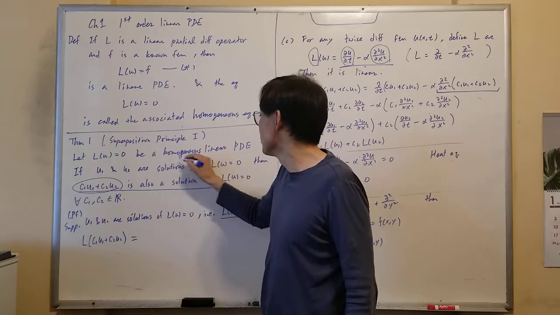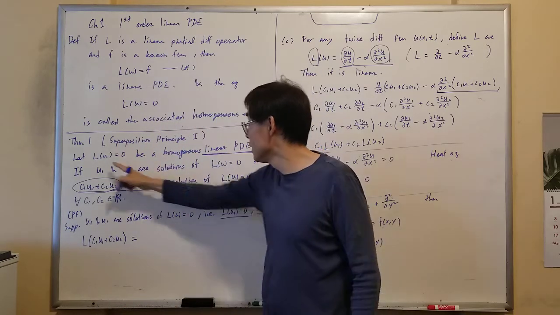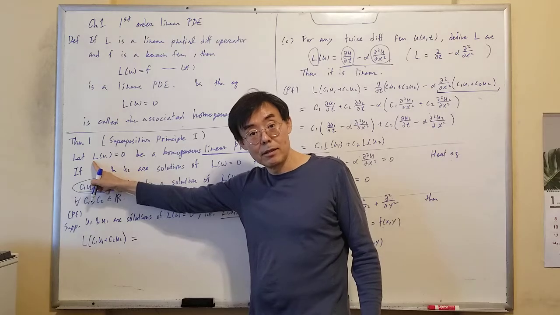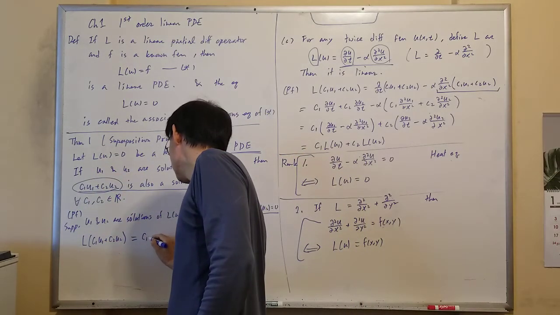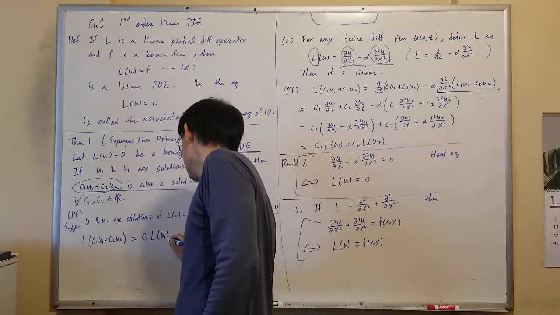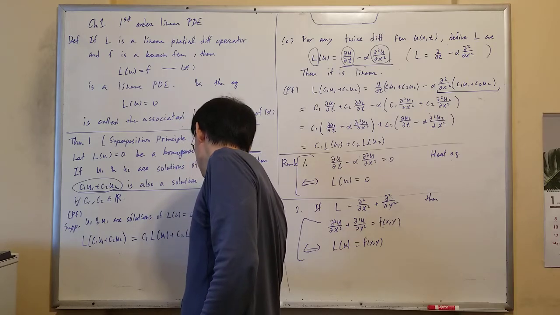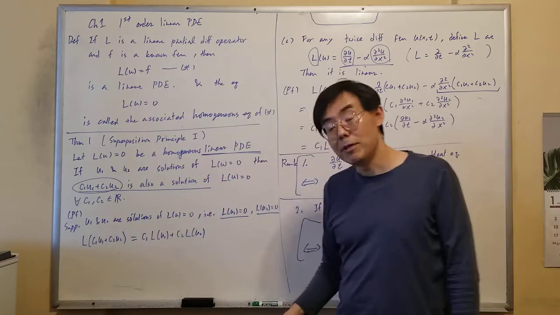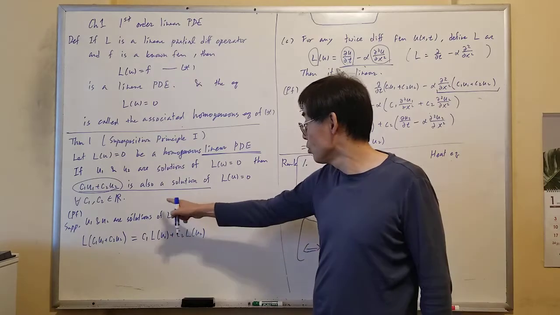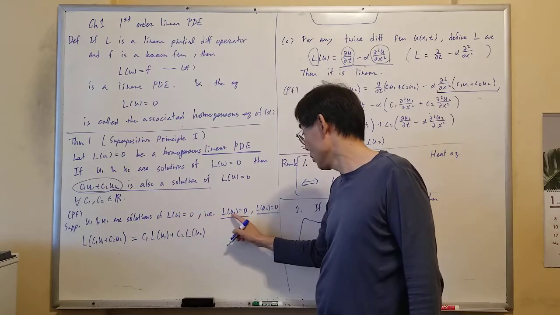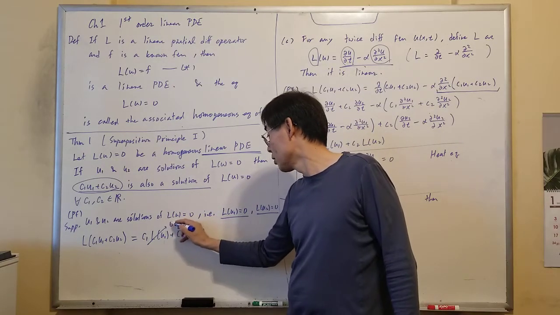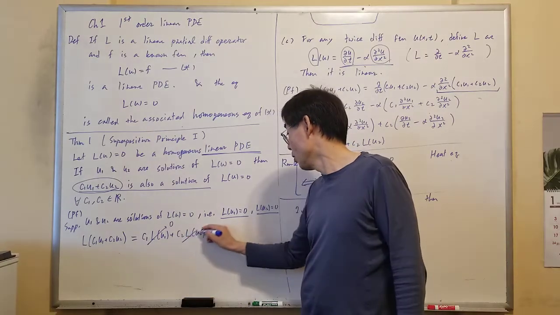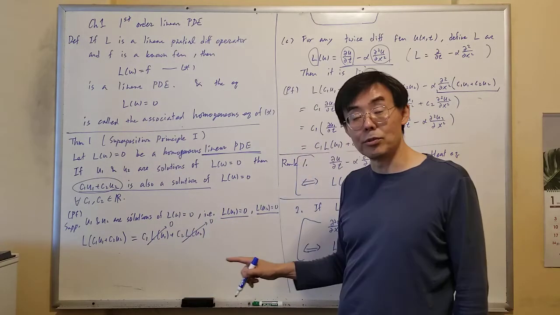Now, because it's a linear PDE, this is a linear operator. Because it is a linear operator, this is C1 L of U1 plus C2 L of U2. Because U1 and U2 are solutions to the same equation, L of U1 equals 0 identically, and this is also 0 identically because U2 is also a solution.